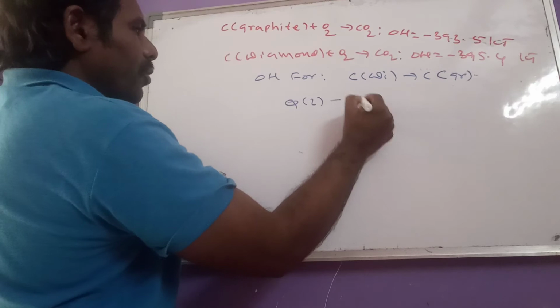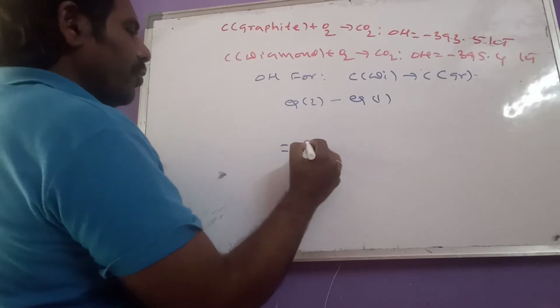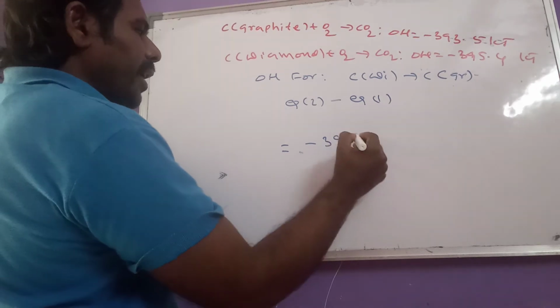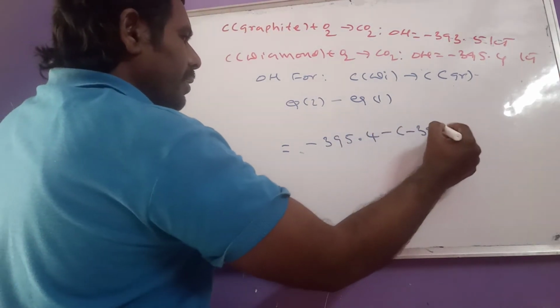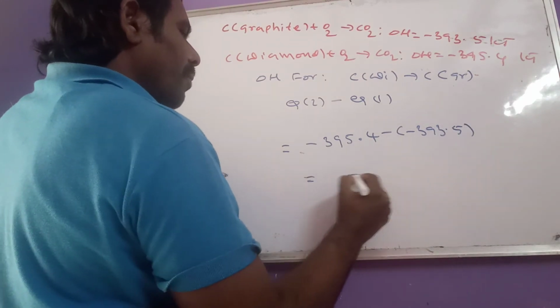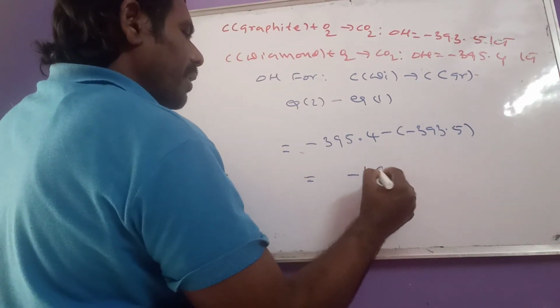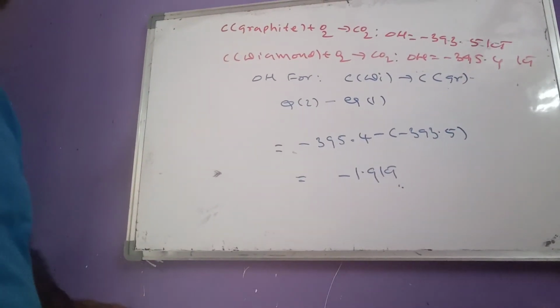So equation 2 minus equation 1, and apply for delta H values also. Minus 395.4 minus of minus 393.5 kilojoules. So how much we can get? Minus 1.9 kilojoules. So like that we have to answer.